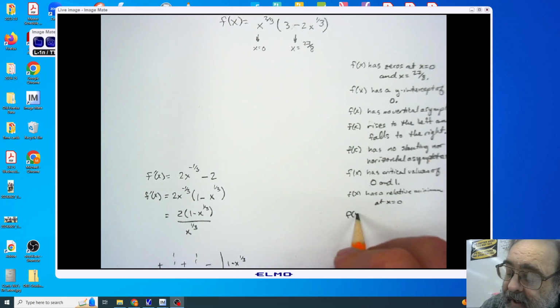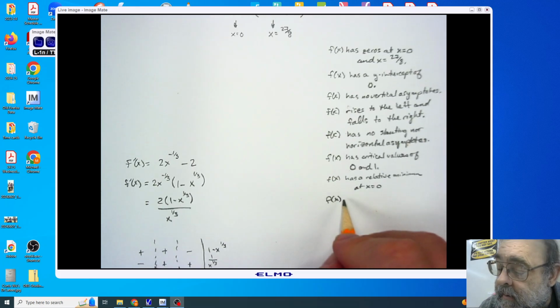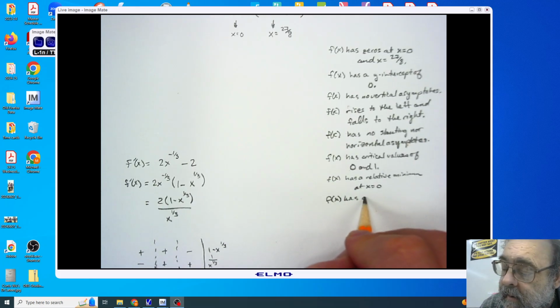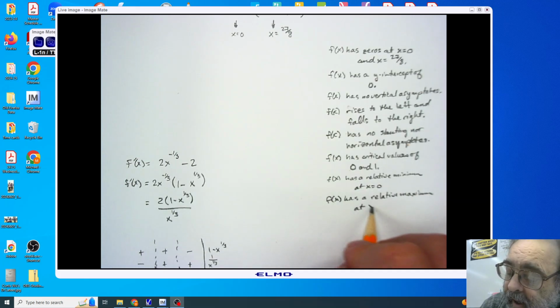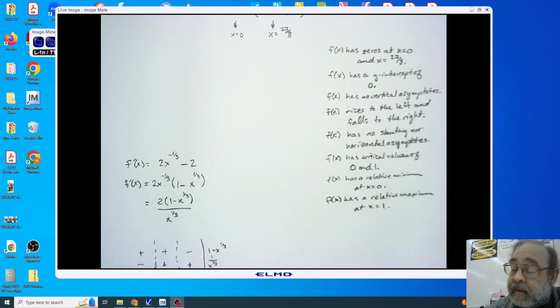f of x has a relative maximum at x equals 1. That just made my life a heck of a lot easier.